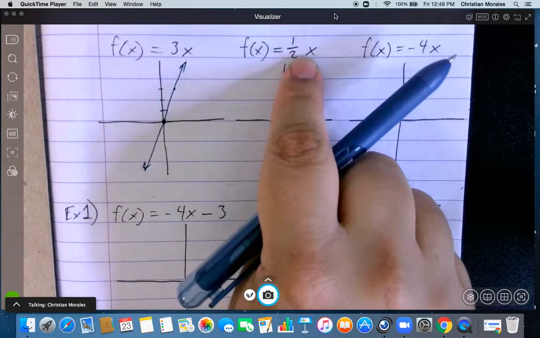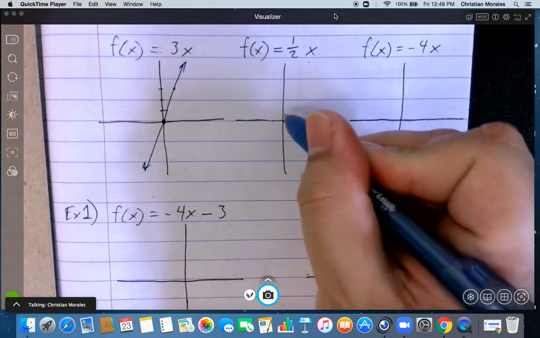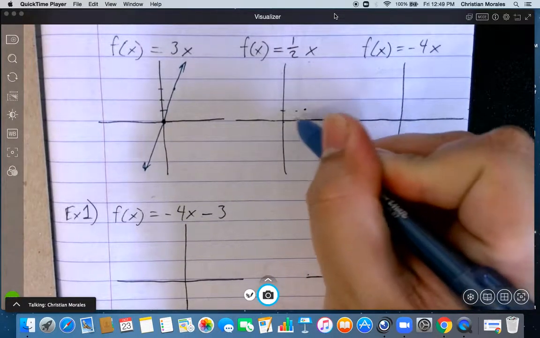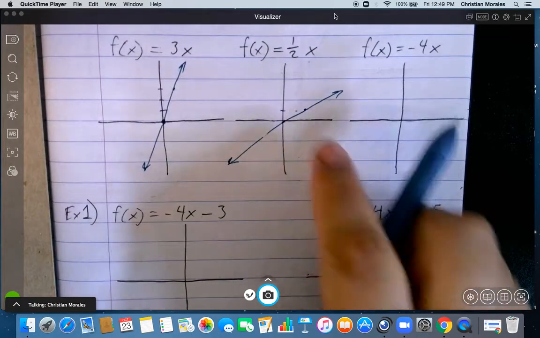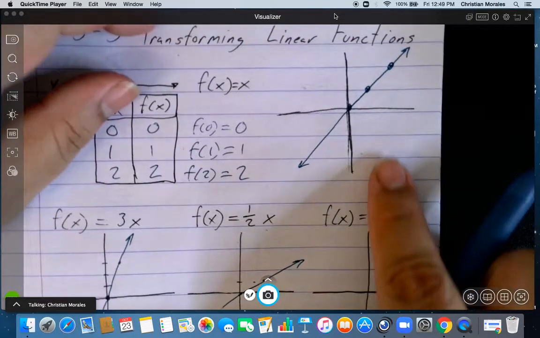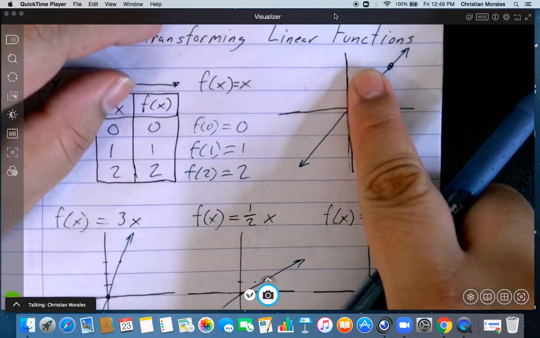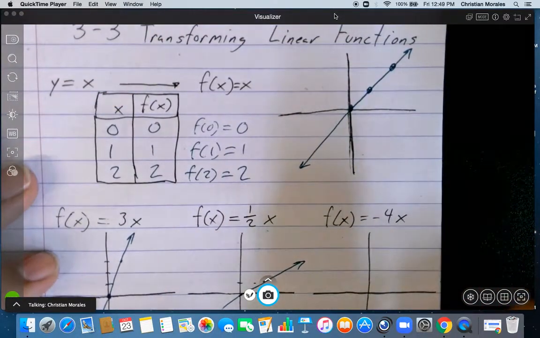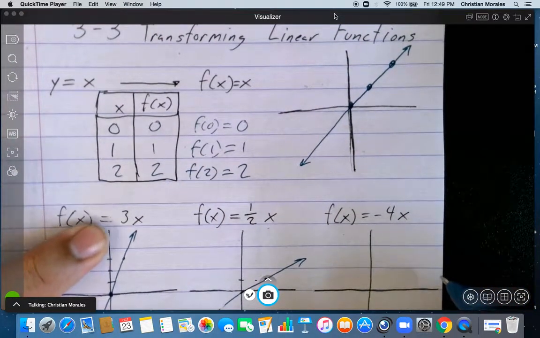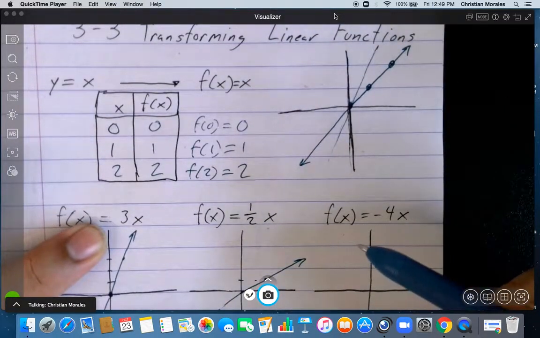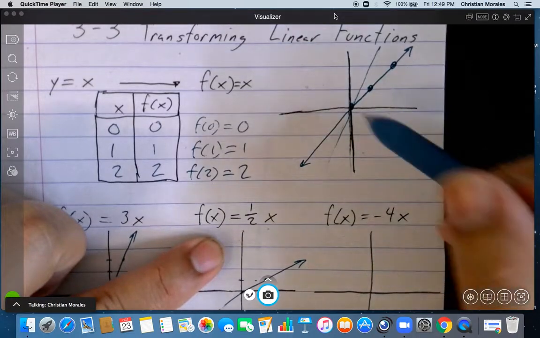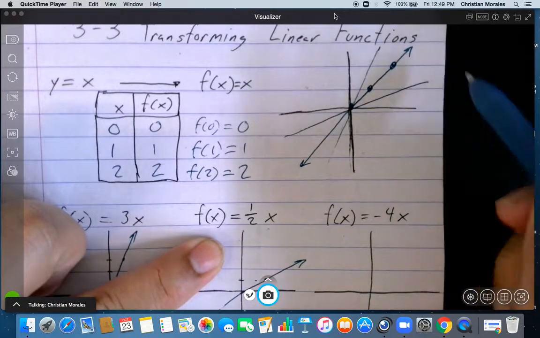If the slope is 1/2, it'll go up 1 over 2. Your line will look like this. When you compare these lines to this line, you see that it changes. The 3x became steeper. The 1/2 went a little bit lower.